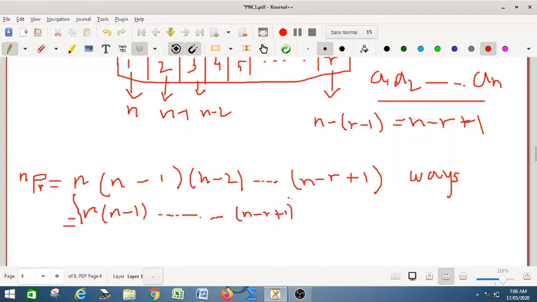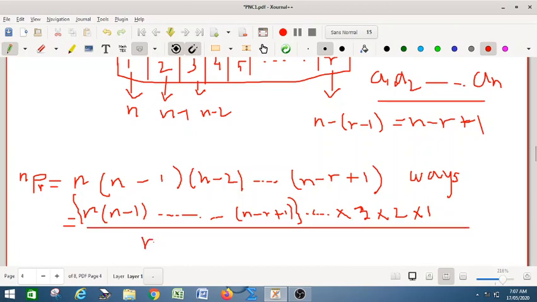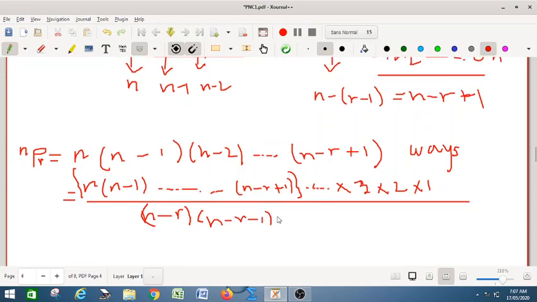Now, I am multiplying the numerator and denominator by r into 3 into 2 into 1, the next step being n minus r. So I am multiplying the numerator and the denominator by n minus r into n minus r minus 1 into etc., 3, 2, 1.